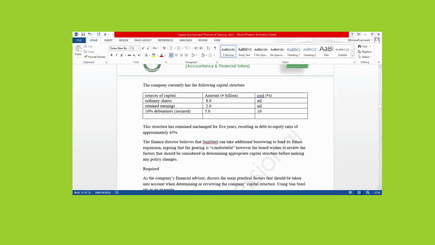The next paragraph. The finance director believes that Sun Steel can take additional borrowing to fund its future expansion, arguing that the gearing is comfortable.